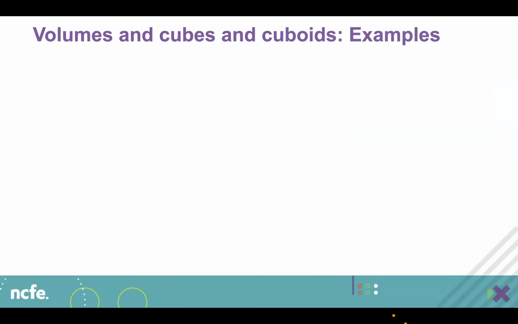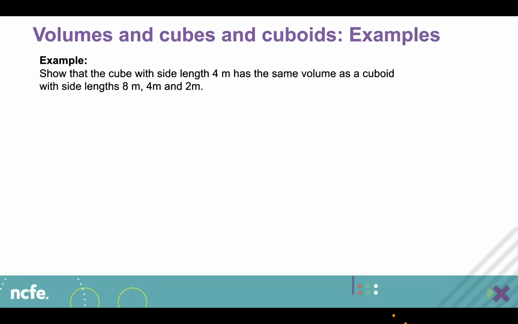Example: show that the cube with the side length of 4 meters has the same volume as the cuboid with side lengths of 8, 4 and 2. So again, the volume of the cube is 4 cubed, which is 4 to the power of 3, which equals 64.